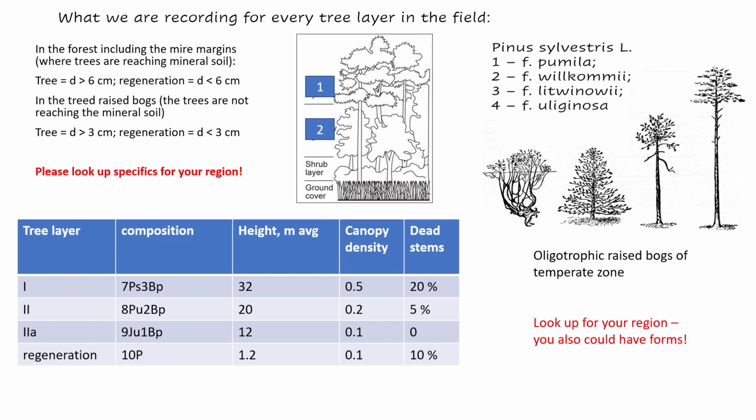You have to look up your region. Such forms could also exist in other geographical areas. However, I think that in the tropics, where there are plenty of tree species growing in the peatland, there is no such problem.